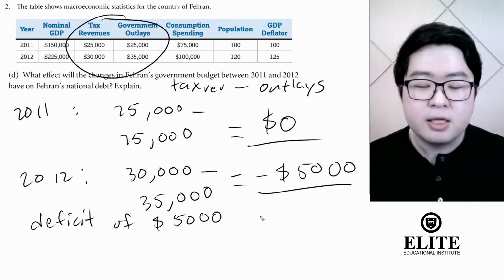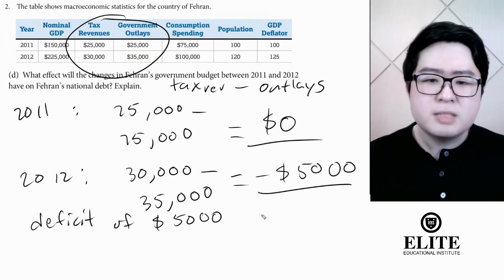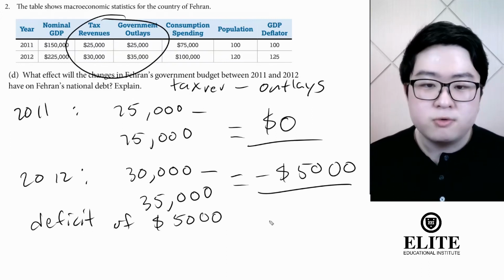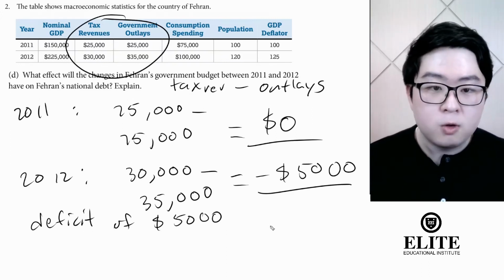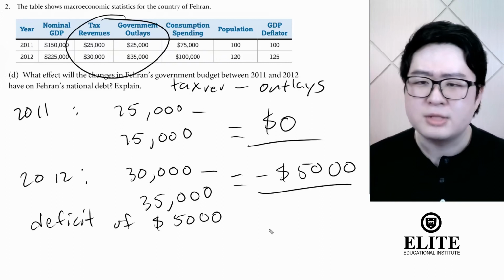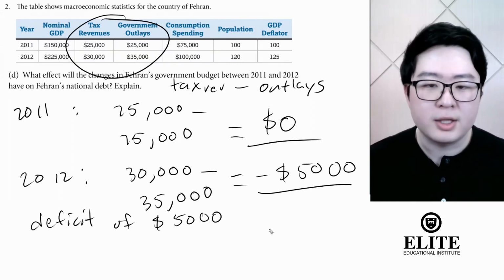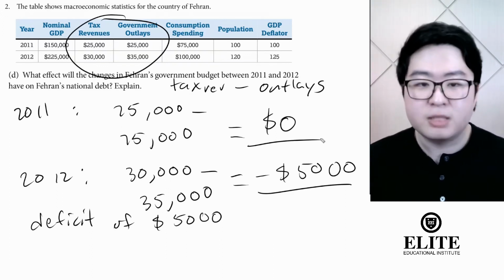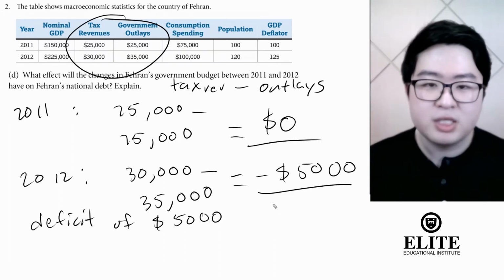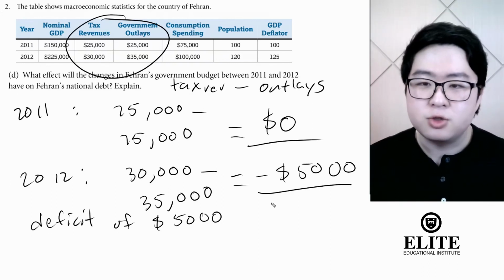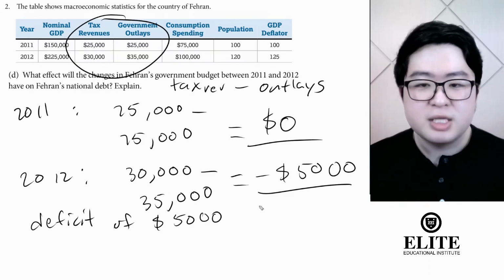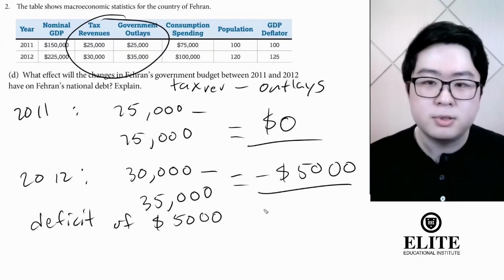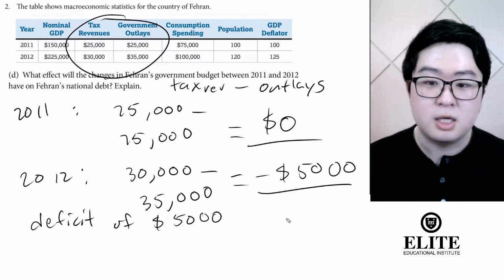Now, exactly like we talked about earlier, this means that in fiscal year 2012, Iran's going to need to borrow $5,000 from the central bank or elsewhere, right, in order to fund all of its government outlays, right? And as such, the change in the budget, going from a balanced budget to a $5,000 deficit means that it's going to need to borrow $5,000, which means that Iran's national debt will go up. By how much? $5,000, right?